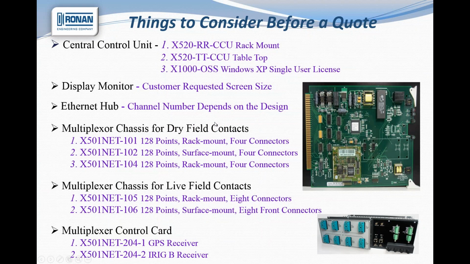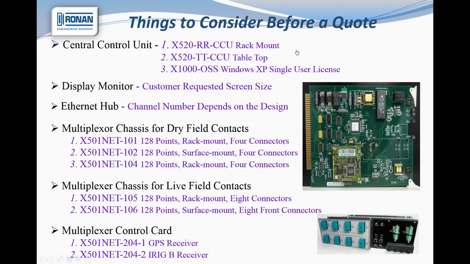So a couple things to consider if you are presented this opportunity to quote. Like we said, the components were the field inputs, the display, and the hub with the multiplexer. For the display, you're going to want to think about what kind of size, the same as the annunciator.